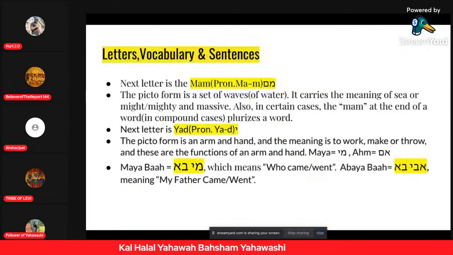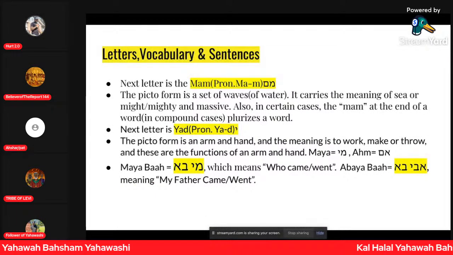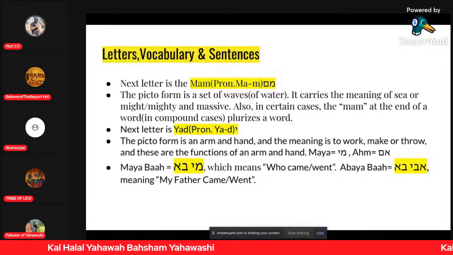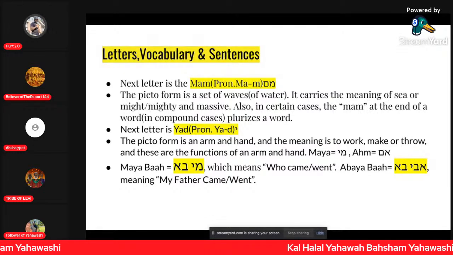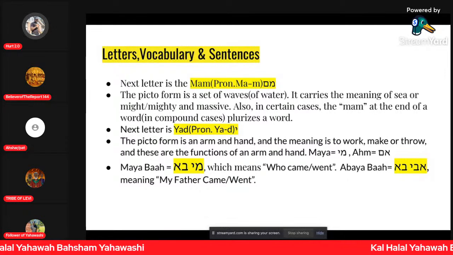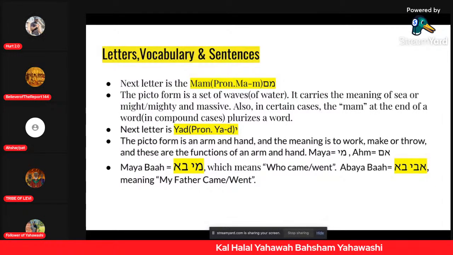Could you read the next one? Letters, vocabulary, and sentences. Next letter is the mem. The picto form is a set of waves of water. It carries the meaning of sea or might, mighty, and massive. Also, in certain cases, the mem at the end of a word in compound cases pluralizes a word.